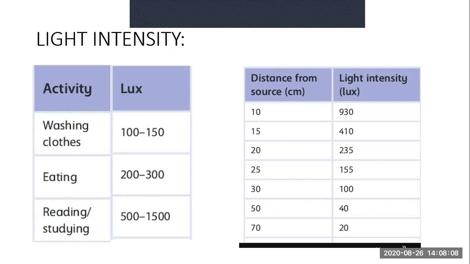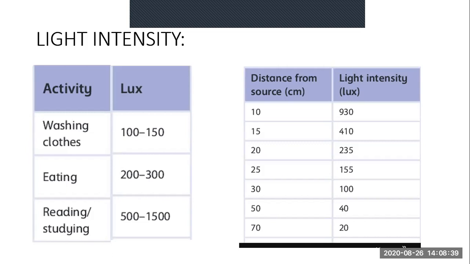Let's see the distance numbers. They are increasing: firstly 10, later 15, 20, 25. It starts from 10 and increases. When the distance increases, what will happen? Light intensity will decrease or reduce.